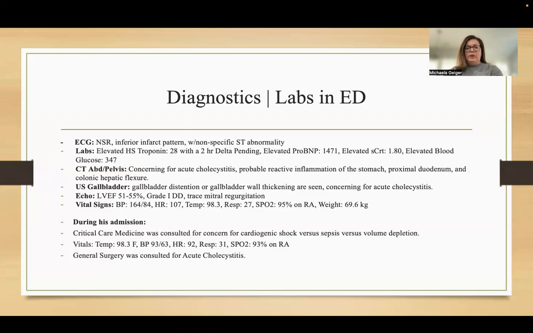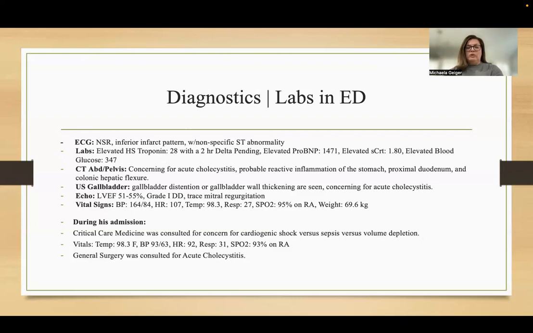He had an echo, which revealed an LVEF of 51 to 55%, grade 1 diastolic dysfunction with some trace mitral regurgitation. His vital signs were stable: blood pressure 164/84, heart rate 107, temp 98.3, breathing 27 times per minute, and his O2 was 95% on room air.